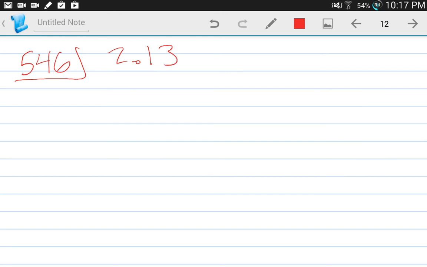And it says the area of an equilateral triangle is increasing at 5 meters squared per hour.